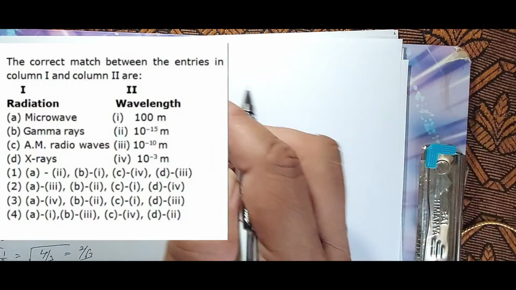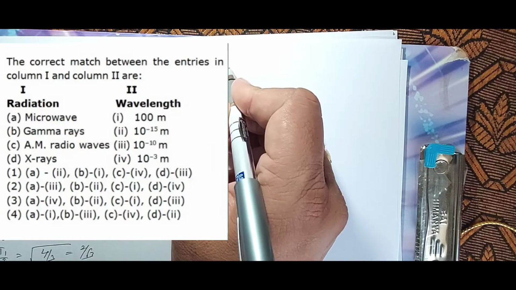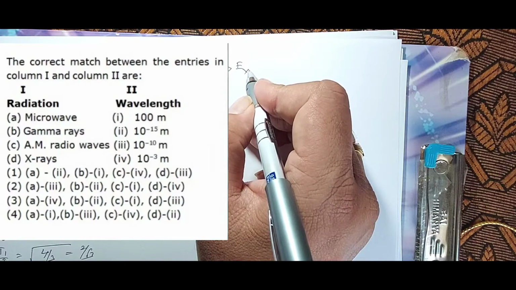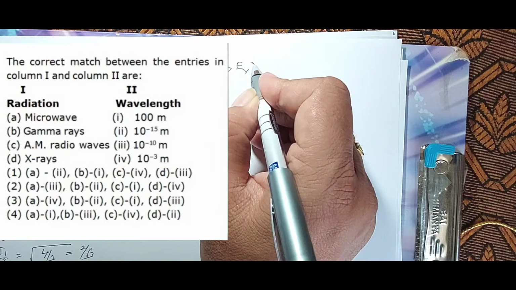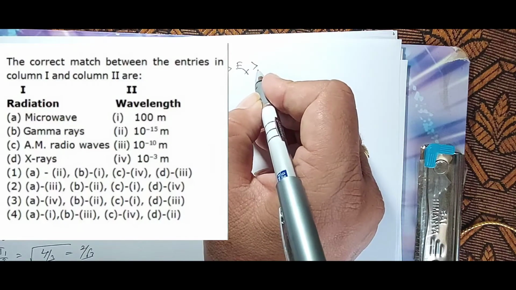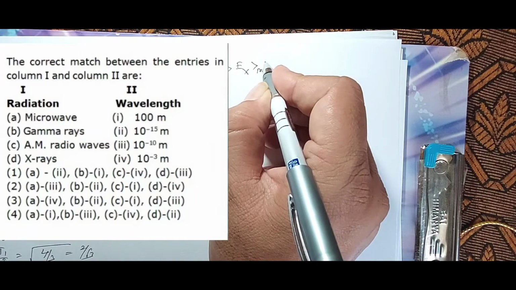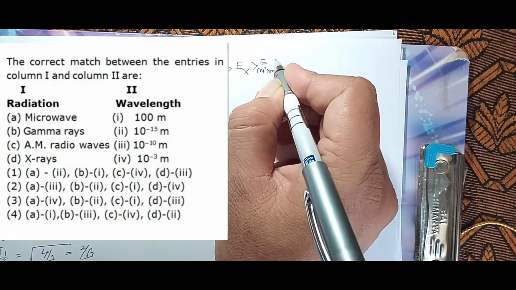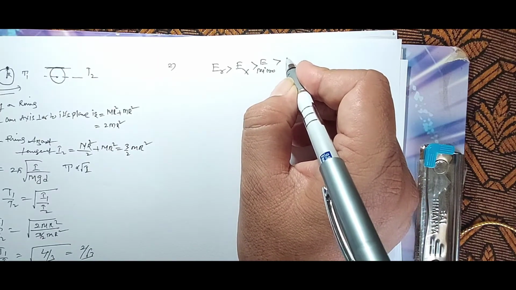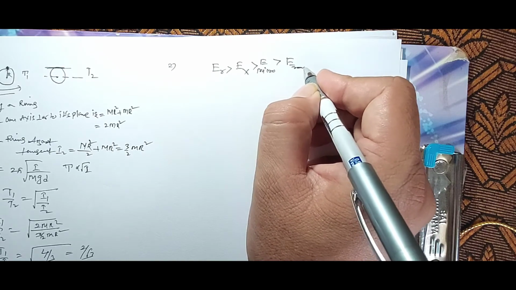We know that gamma rays have more energy than X-rays, X-rays have more energy than microwaves, and microwaves have more energy than radio waves.